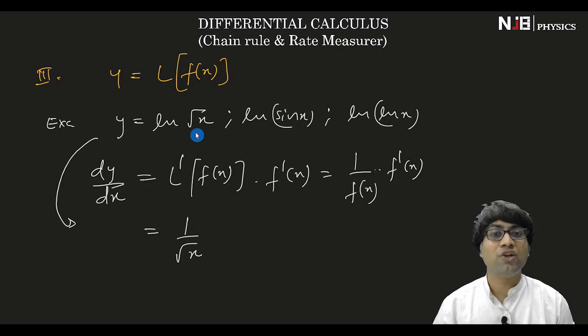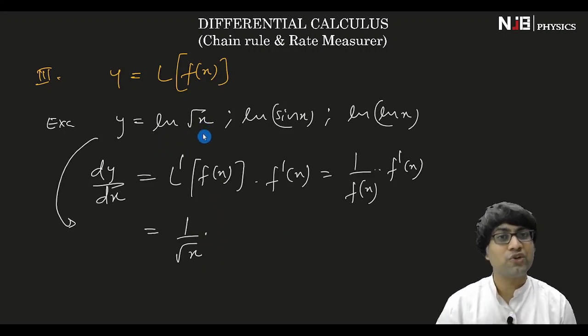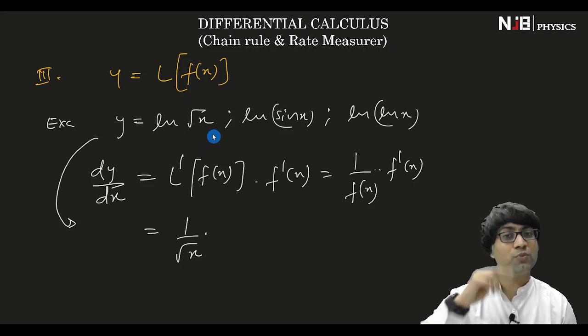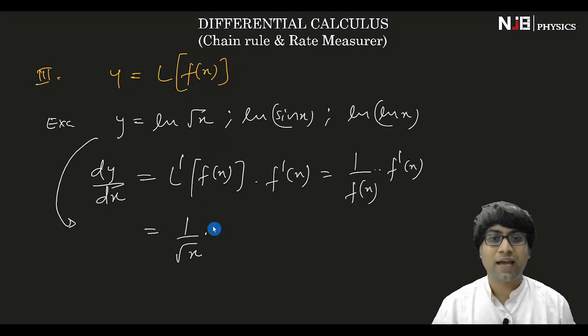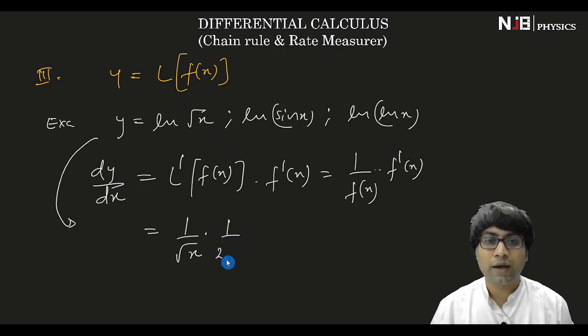Therefore, ln of root x gives 1 by root x multiplied by the derivative of root x. Root x is x to the power 1 by 2; using the formula directly, it comes out to be 1 by 2 root x.